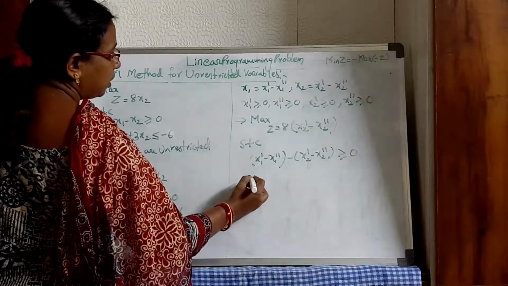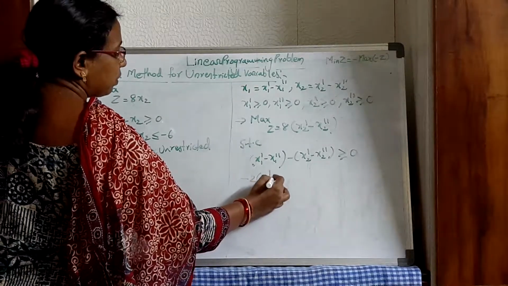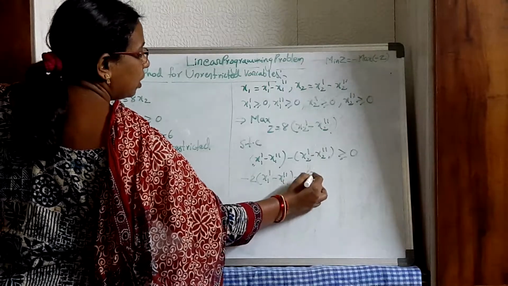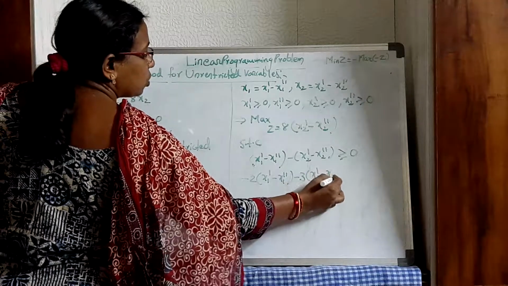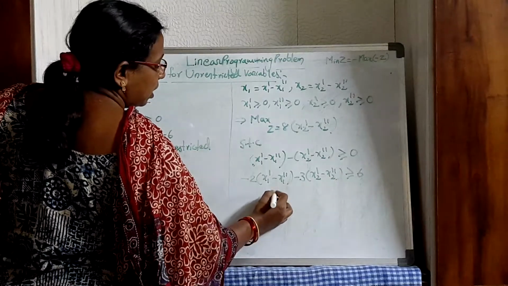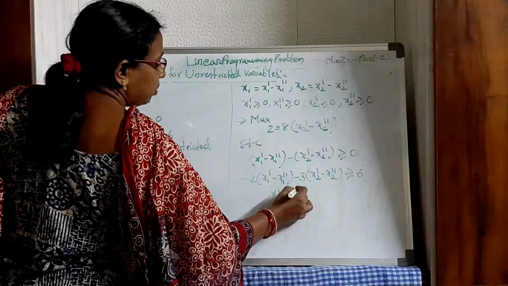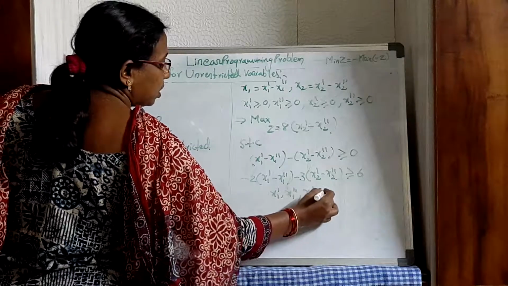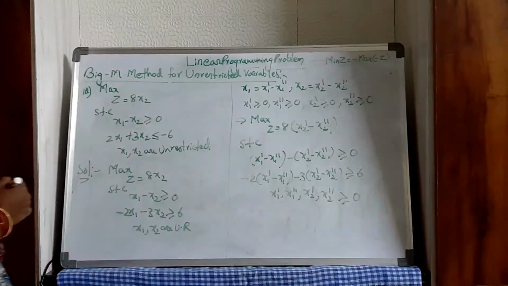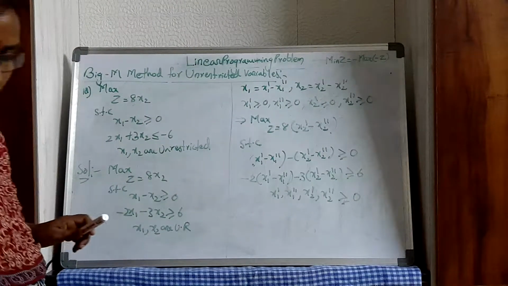Here minus 2 into x1 dash minus x1 double dash minus 3 into x2 dash minus x2 double dash greater than or equal to 6, and x1 dash, x1 double dash, x2 dash, x2 double dash are all greater than or equal to 0. Now you got an LPP.